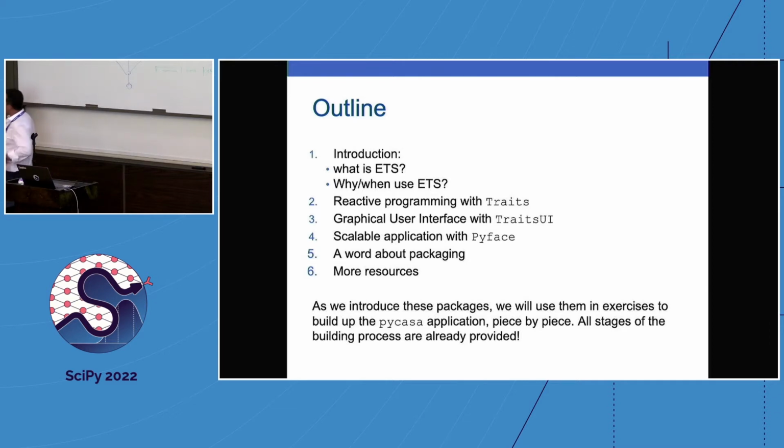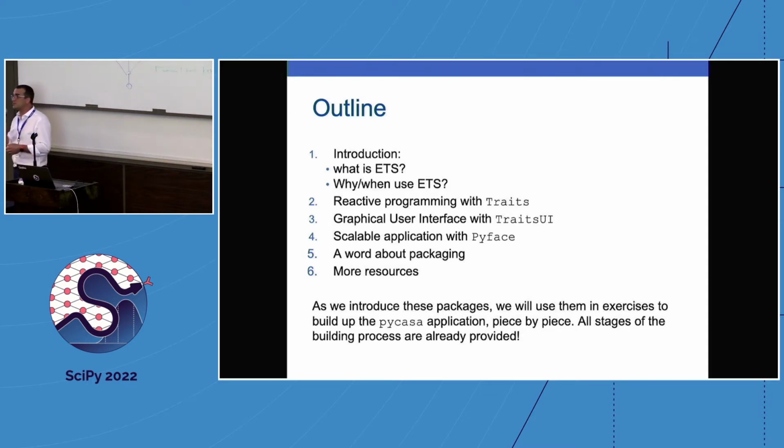And then we're going to slowly build our application, and we are going to mainly present 3 packages within ETS that are going to allow us to build this application. So the first one is going to be Traits. It's at the core of ETS, and it's going to allow you to have reactive programming. If you want to build a tool, it needs to react to events. So that's what Traits does.